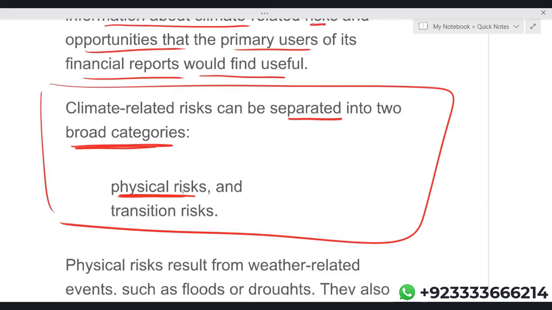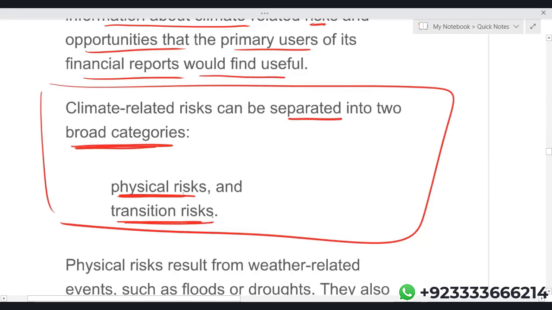If you were not prepared for that, let's say you did not take the insurance policy, and if such an event happens, you have to bear a really big loss. So climate-related risk can be separated into two broad categories: physical risk and transition risk.